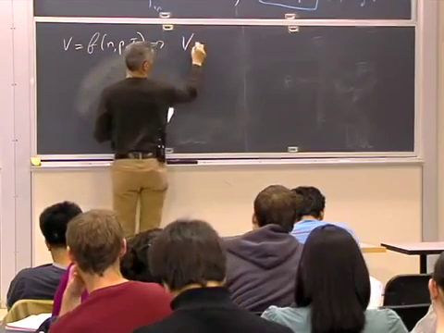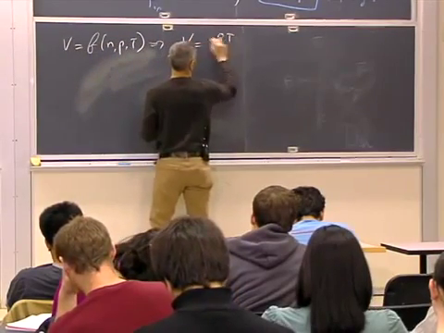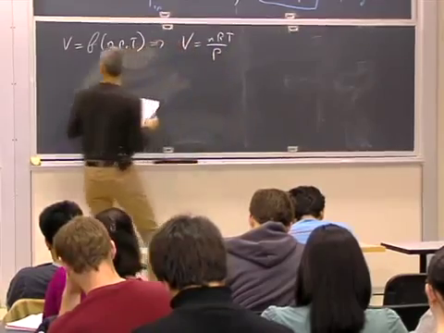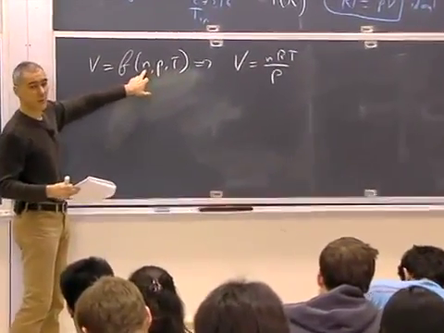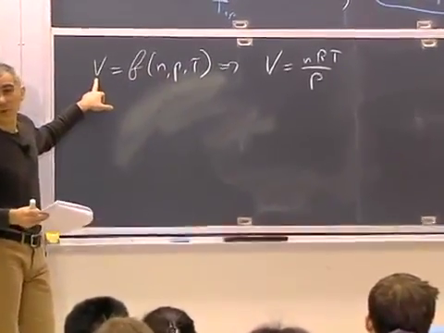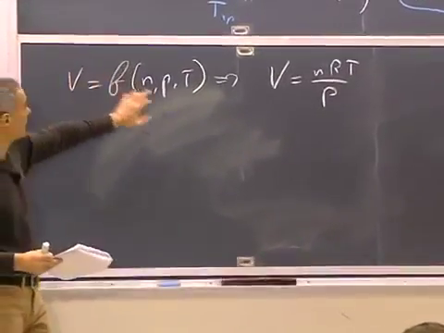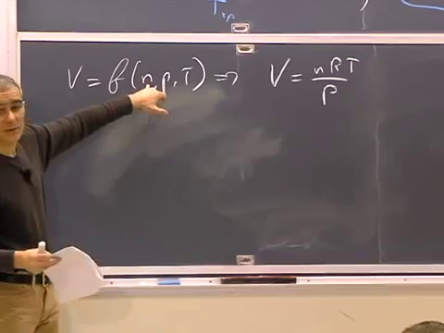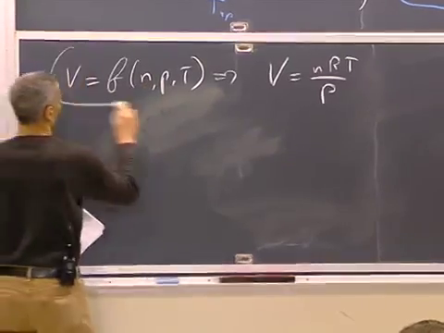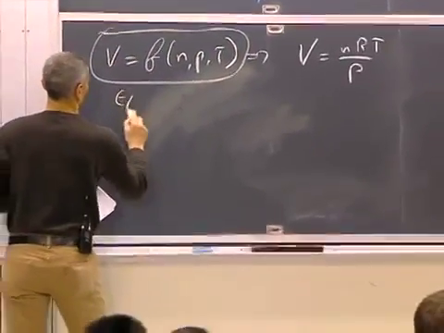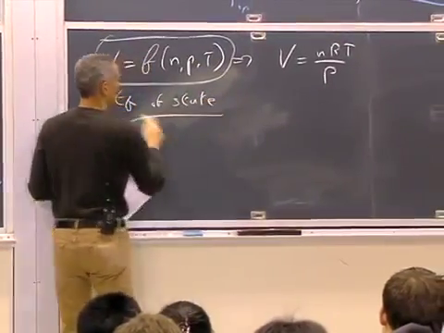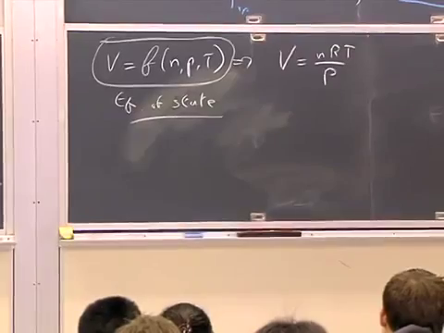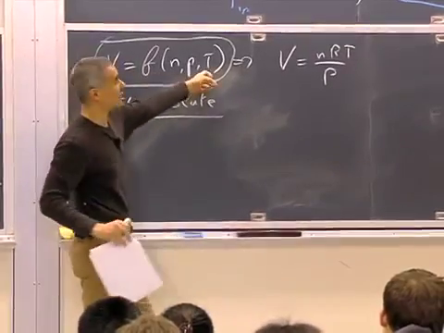In this case, v is equal to nRT over p. You have 2 quantities, and the number of moles gives you another property. You don't need to know the volume. All you need to know is the pressure and temperature and the number of moles to get the volume. This is called an equation of state. It relates state properties to each other. In this case, it relates the volume to the pressure and the temperature.